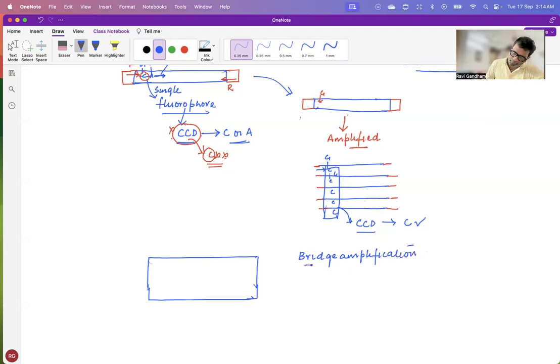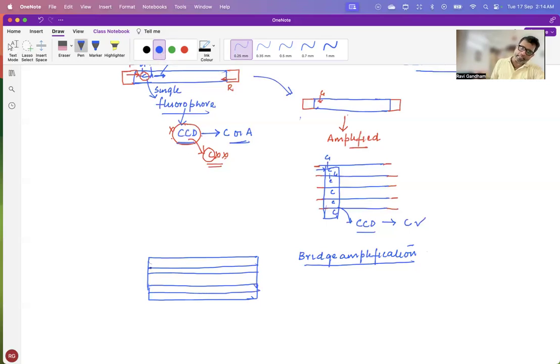If you watch this video, this will be much more clear. Now you'll have lanes here. This is one lane. I'm drawing only a flow cell with 2 lanes. You can have a flow cell with 4 lanes as well.